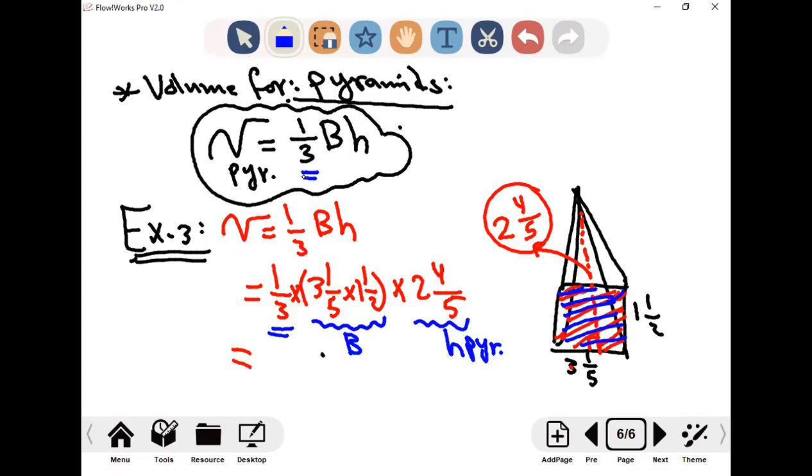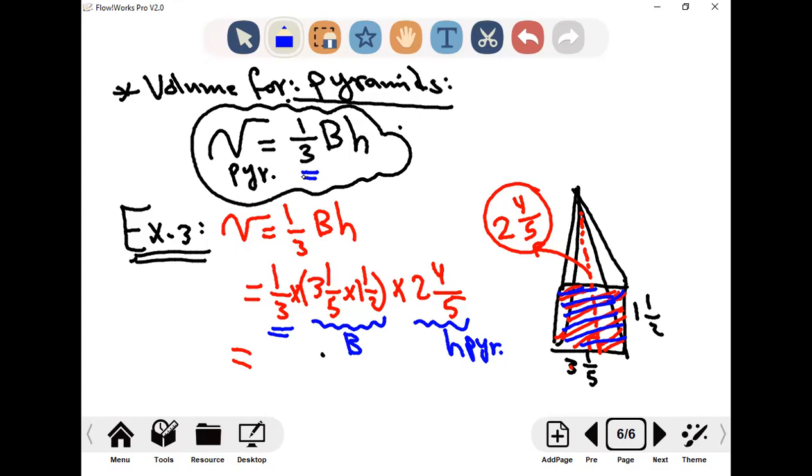Done? Now, how do we find this? We multiply everything, then we divide by 3. Or turn these to fractions and multiply fractions. So this will be 3.2 multiply 1.5 multiply 2.8 equals something divided by 3.